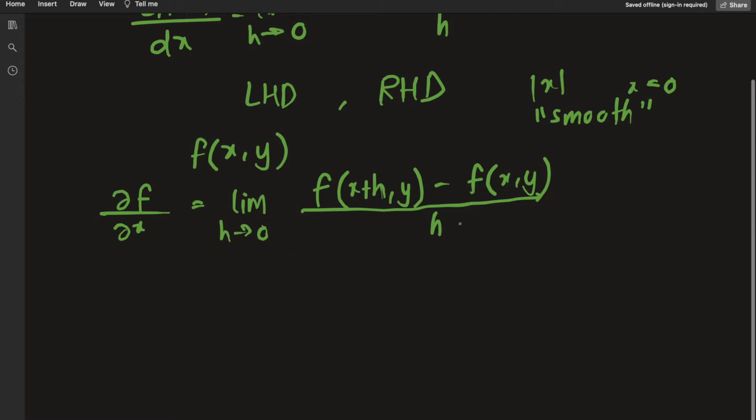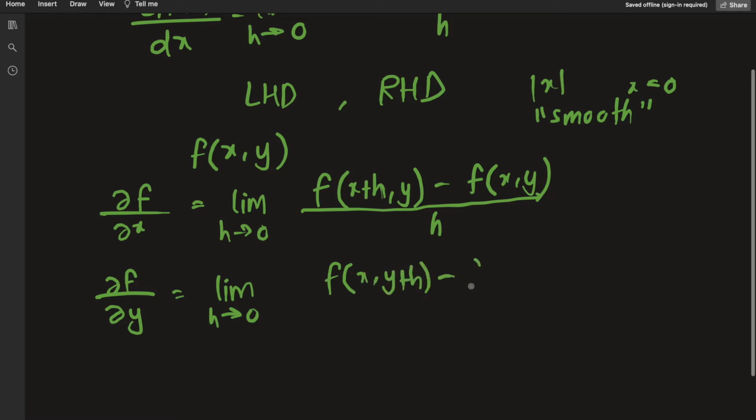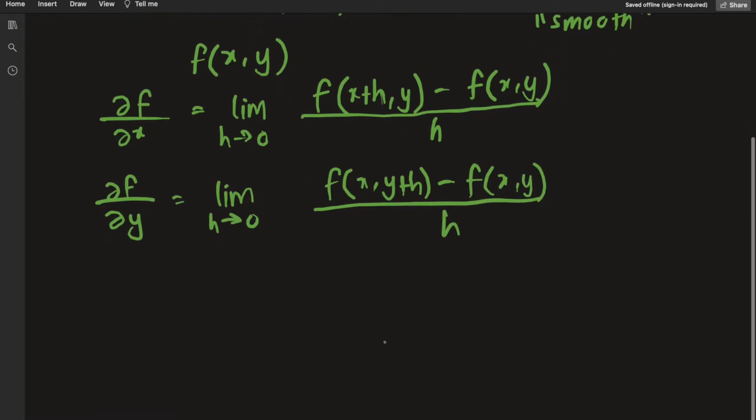So there's a clear independence, and in a similar way you can define the partial derivative with respect to y as the limit as h goes to 0 of f of x comma y plus h minus f of x comma y, divided by h.